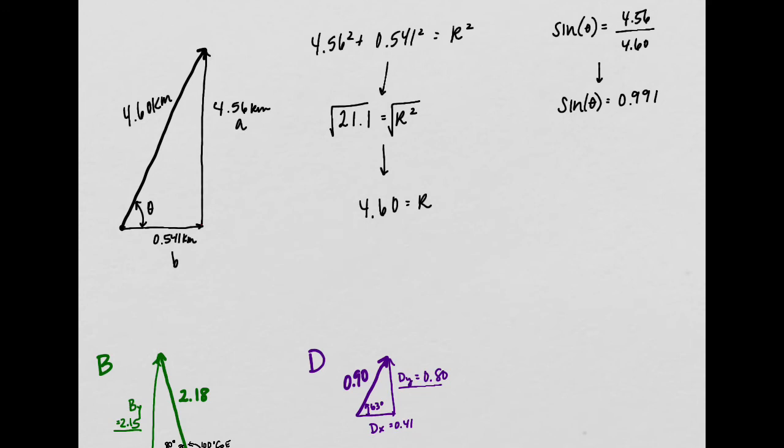All right, let's take the inverse sine of both sides to get rid of that, and we find that our angle here, our theta, is equal to 82.3 degrees counterclockwise of east. So that is it for that problem.